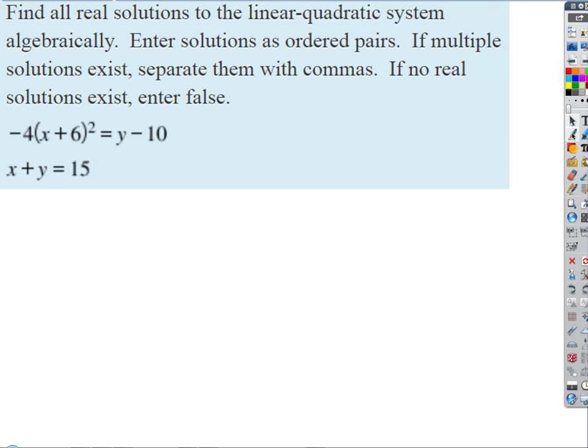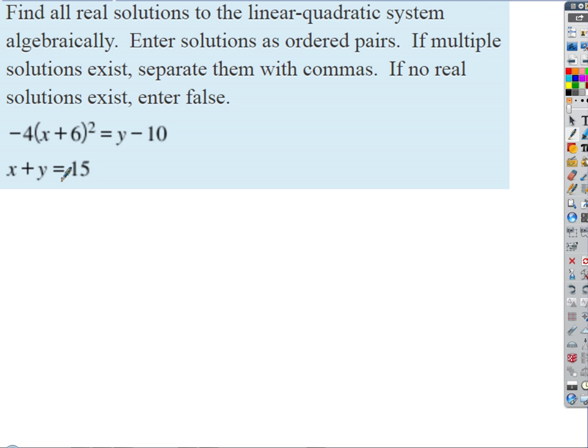We want to substitute for y because that's not being squared. So the x is inside this quantity that's being squared. So we would really want to take this bottom equation and isolate y.